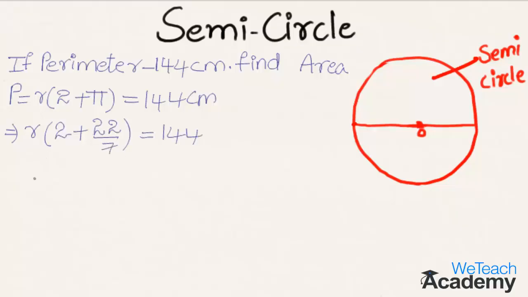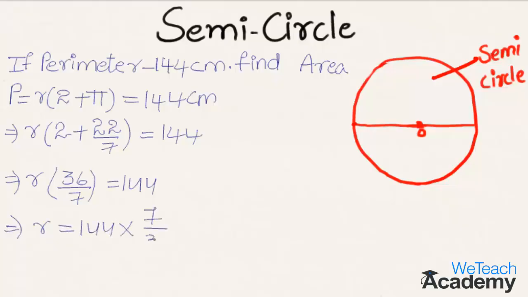Then we get r into (7 into 2, that is 14, 14 plus 22) which is 36, divided by the denominator 7, equal to 144. Now by transferring 36/7 to the right hand side, we get r equal to 144 into 7/36.